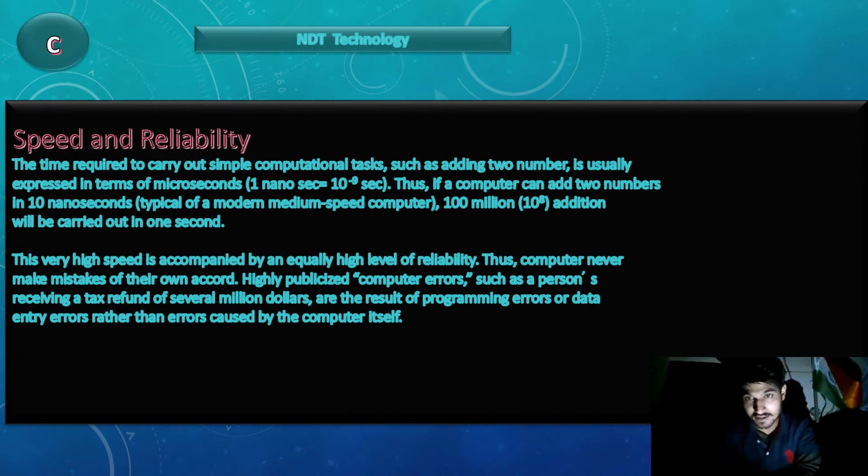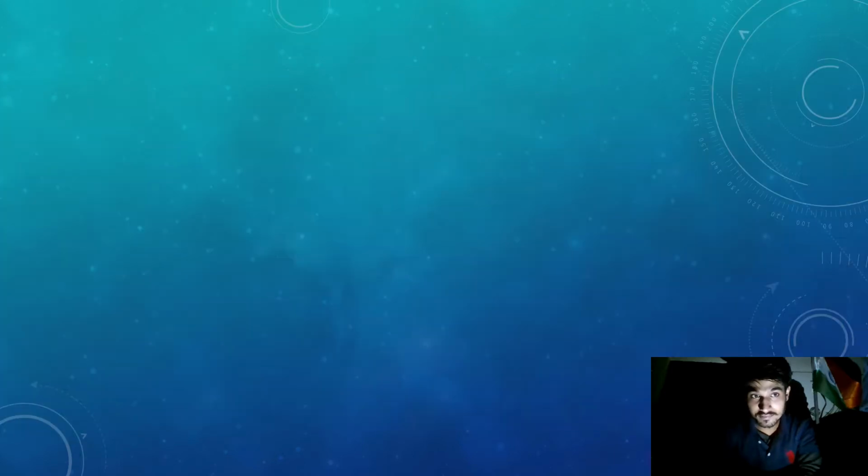I have already explained the input output video. Now this is speed and reliability: how they matter for any computational task, and it is much better than simple human calculation. So this is about speed and reliability in terms of C programming.